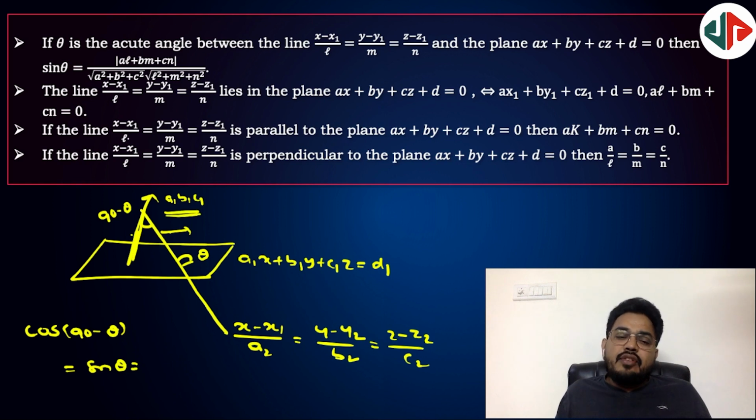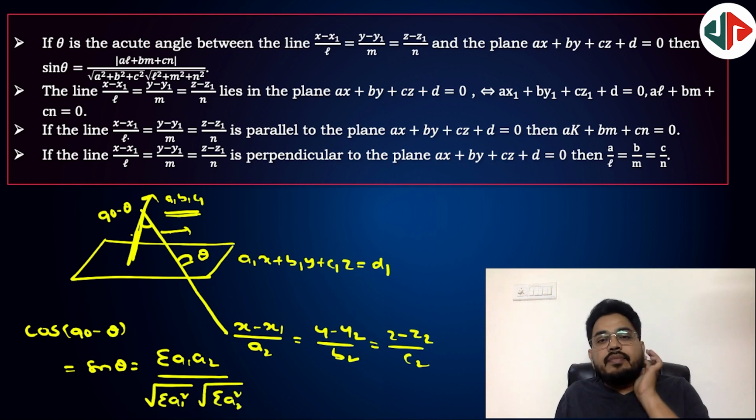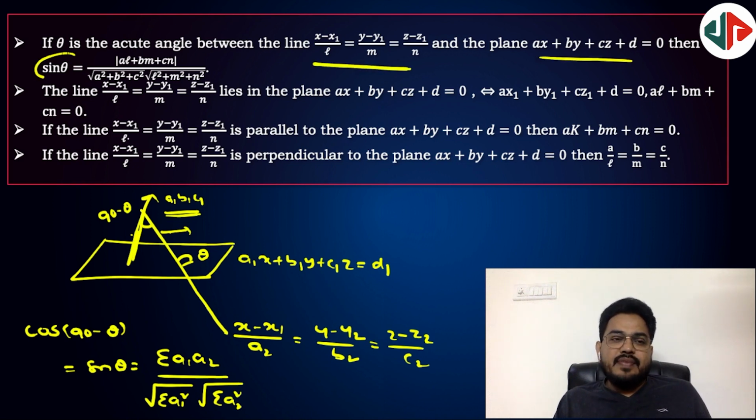So again you will get sigma A1 A2 by root over sigma A1 square into root over sigma A2 square. So for the acute angle between a line and the plane, instead of cos, we will be getting sin theta.